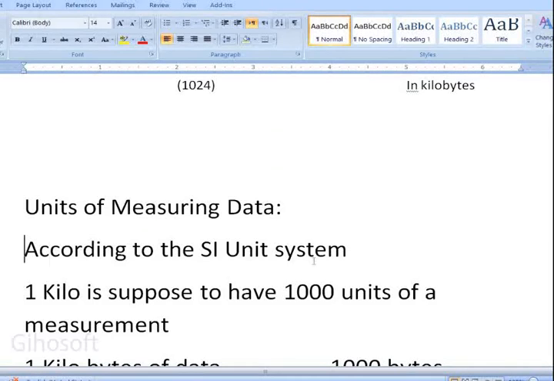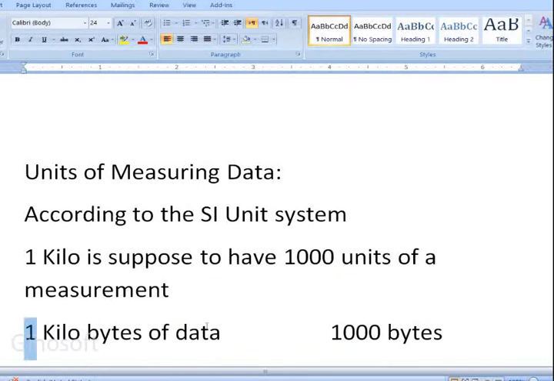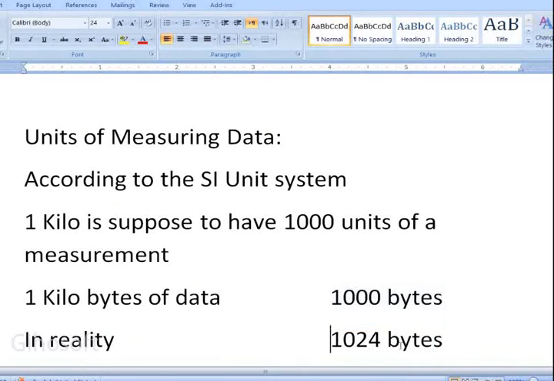That system was based on the SI units, and as you know, in SI units 1 kilo is supposed to have 1000 units of a measurement. Exactly 1000, not more, not less. So basically 1 kilobyte of data should have had 1000 bytes, whereas in reality we have 1024 bytes. This was causing a problem.